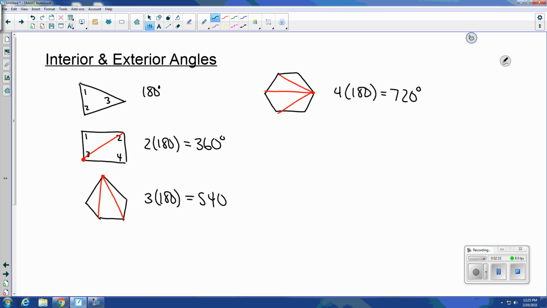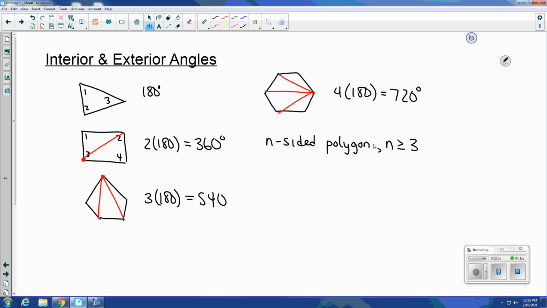So if I want to take an n-sided polygon, so pick any number of sides, again, where n is greater than or equal to 3. If the number of sides is less than 3, we don't have a polygon.